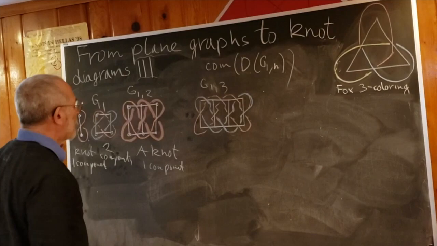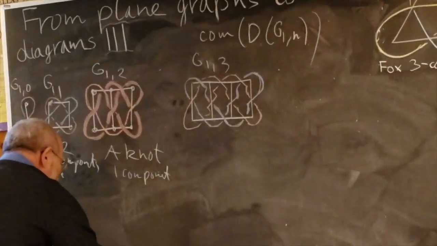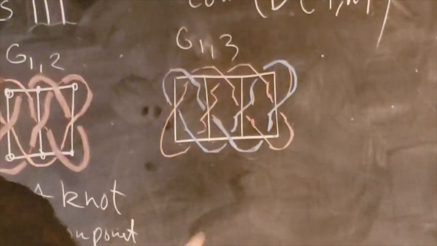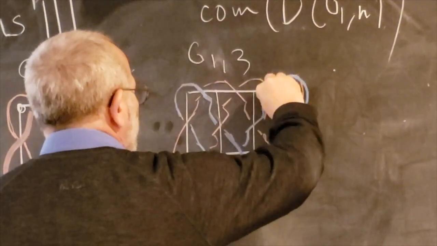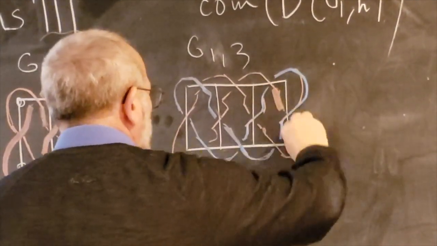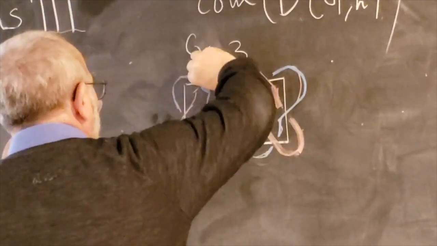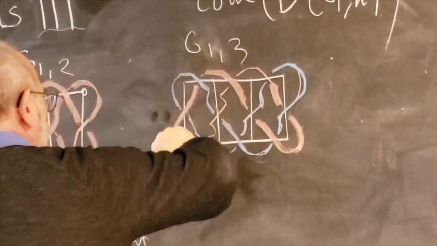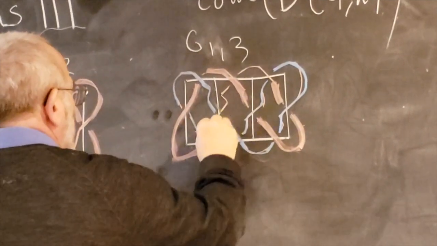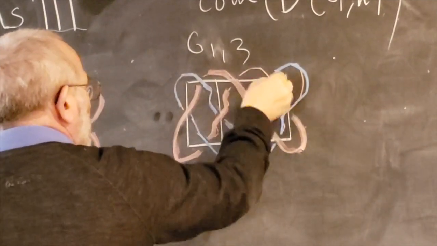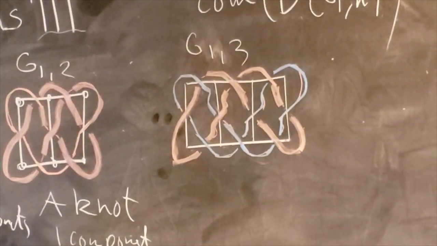So this is one component. Probably you can see already that the rest is the second component. Very symmetric to this, but let's still check this. Yes. So this is two components.